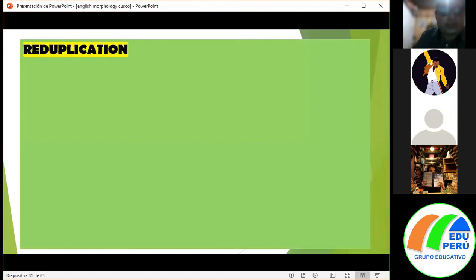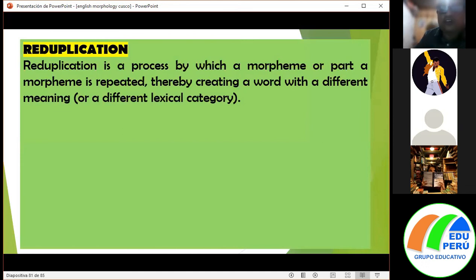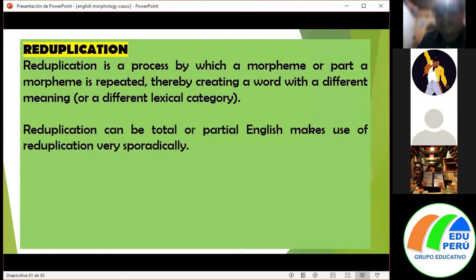Now, the other one is reduplication. Reduplication is a process by which a morpheme or part of a morpheme is repeated, thereby creating a word with a different meaning or a different lexical category. Reduplication can be total or partial. English makes use of reduplication very sporadically.